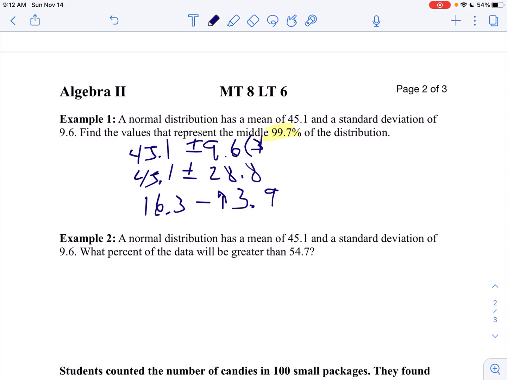Let's take a look at example 2. It says a normal distribution has a mean of 45.1 with a standard deviation of 9.6. What percent of the data will be greater than 54.7? Well, let's take a look here. First off, 54.7 minus 45.1.